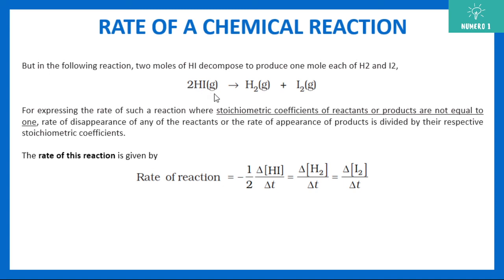So the rate of this is double. That's why we multiply it with half so that we can equate all three.